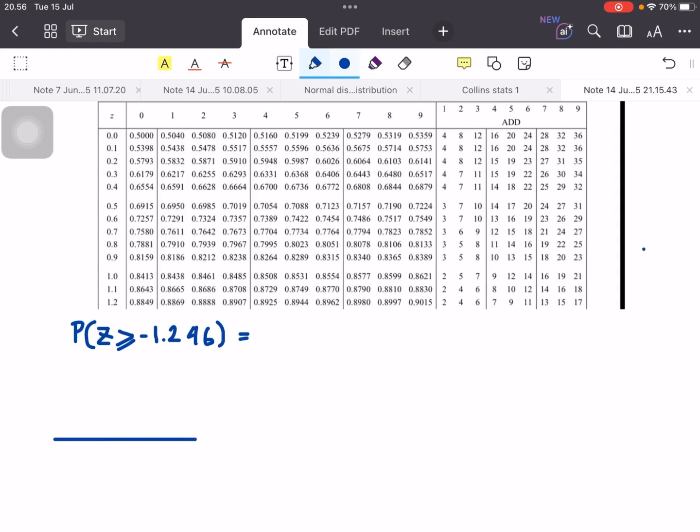So let's draw the diagram first so that it will not be very abstract for you. Negative 1.246, the position is about here, and then the sign of the inequality is greater than, so the wanted region is this one.